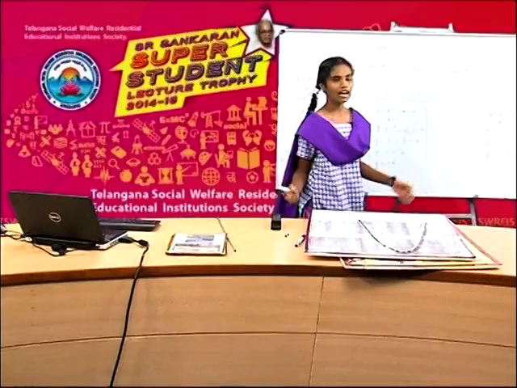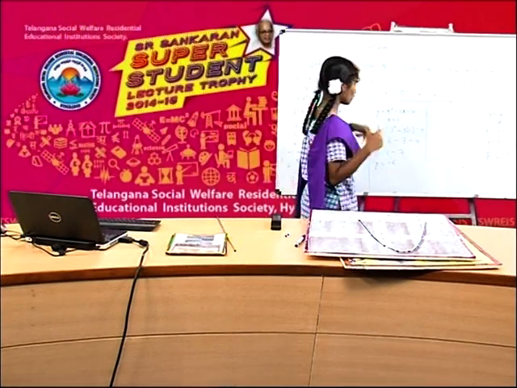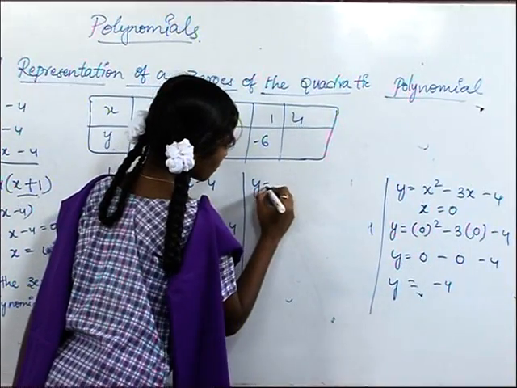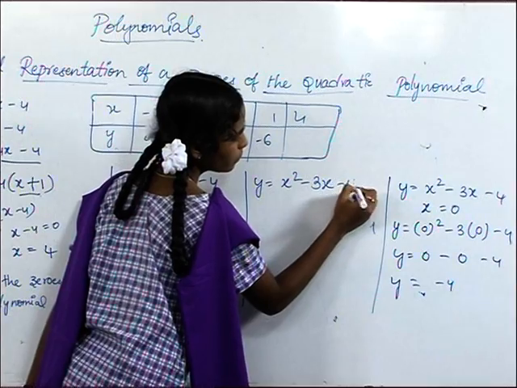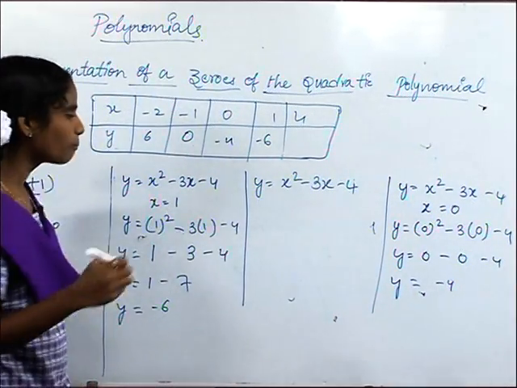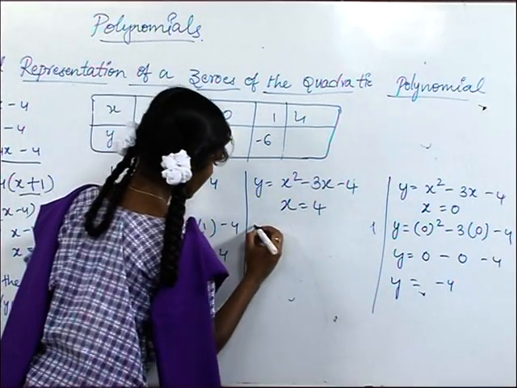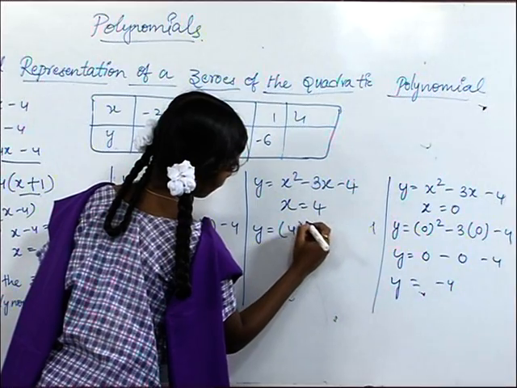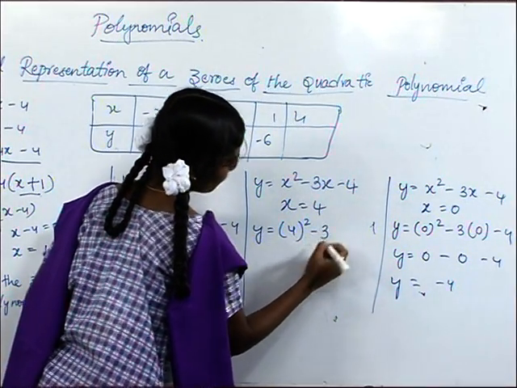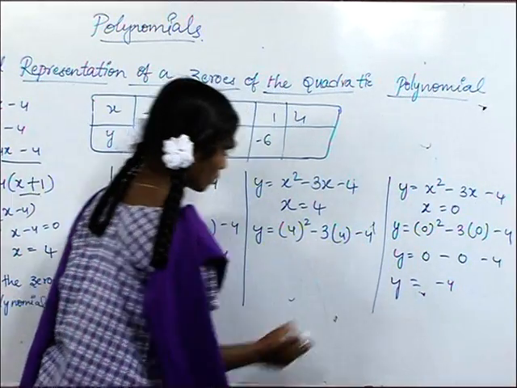Next friends, now I am going to find the last one, that is 4, in this equation. So y equals x square minus 3x minus 4. This is the equation. x equals 4. So here y equals, in x place I am taking 4 whole square minus 3, in x place we are taking 4, minus 4.